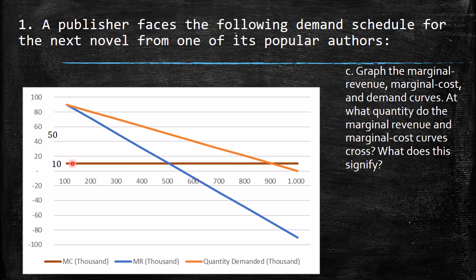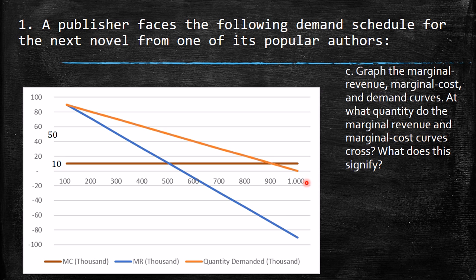Here, this one is the quantities. Okay, maybe I forgot to put them. Here we need quantities. Here we need cost. So here we have first the marginal cost, which is constant, which is the value of 10. Then we have the marginal revenue, which is going to be this one in blue. As I said before, the slope is higher than this one, is more inclined. And here is the quantity demanded. Okay, this one is kind of orange.